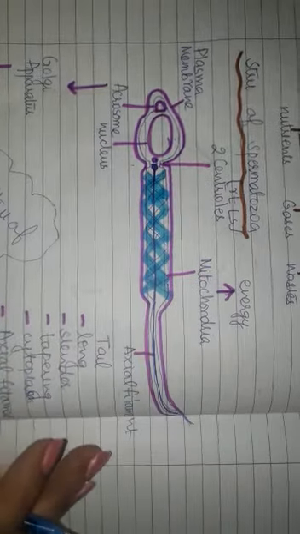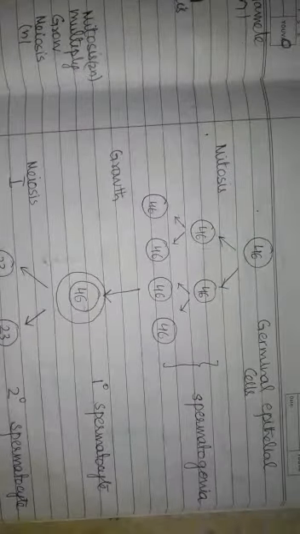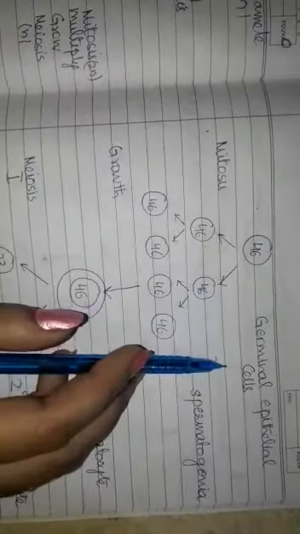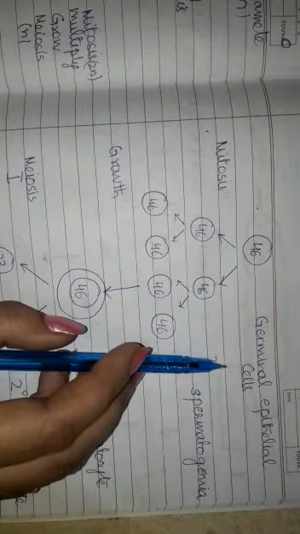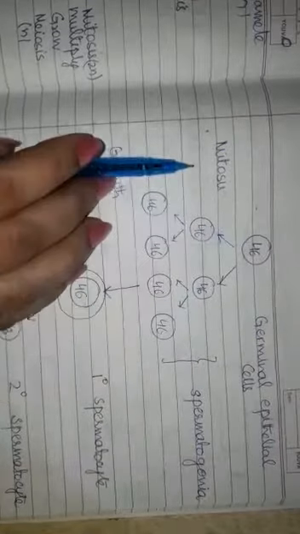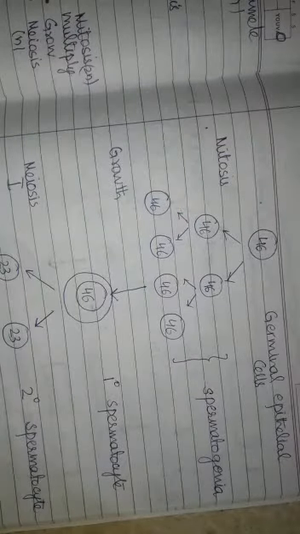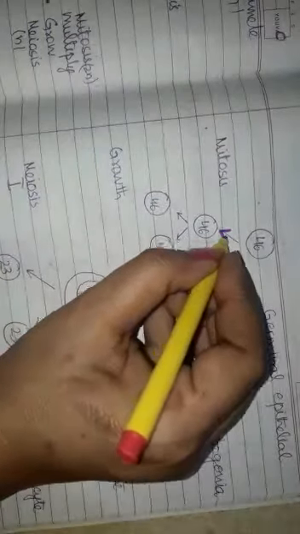Let us summarize the process of spermatogenesis in males. The cells of the germinal epithelium of the seminiferous tubules undergo mitosis. This was the multiplication phase. They produce diploid spermatogonia.